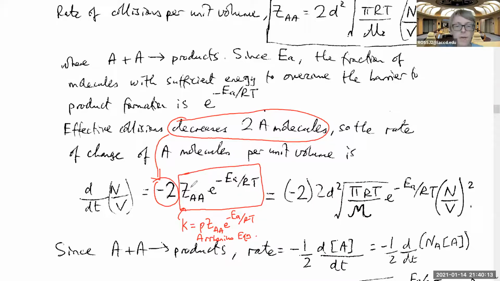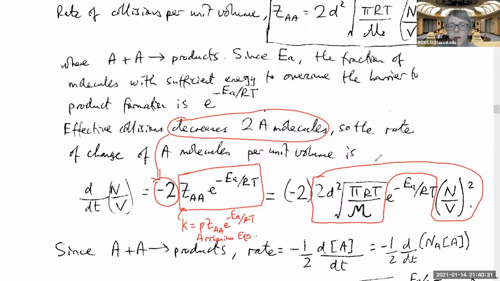Okay, so now we take our Z value, which was up top. So now we're just going to plug our values in. So this and this was our Z value from up top. You can just about see it in this box here.